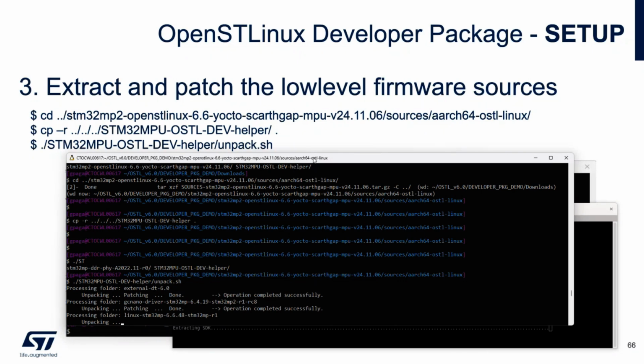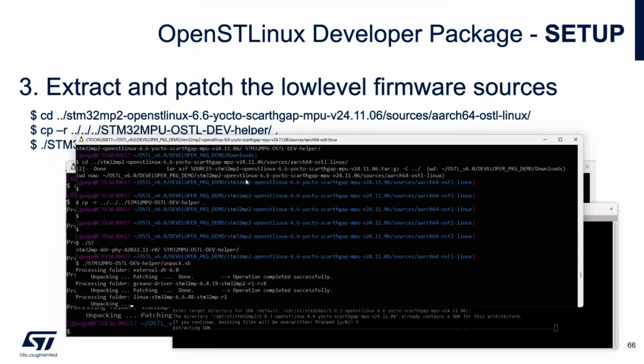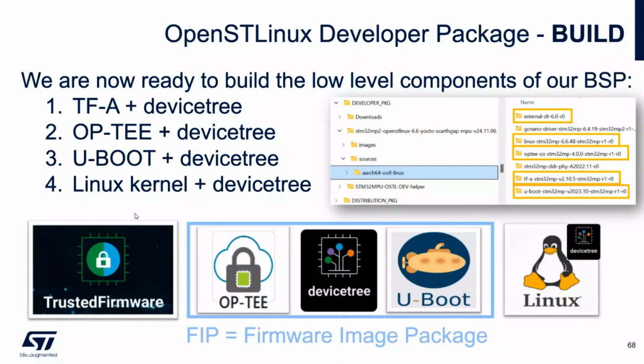While these operations are proceeding, we can go through our presentation, because in the end, what we will obtain is the external folder, and I will explain the content of this folder: the Linux folder, the OP-TEE, the TF-A, and the U-Boot. The DC Nano driver is the driver for the GPU. You know that MP2 has a GPU, and this is the kernel driver for the GPU.